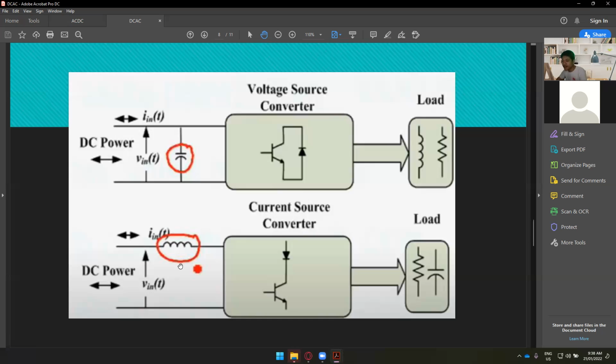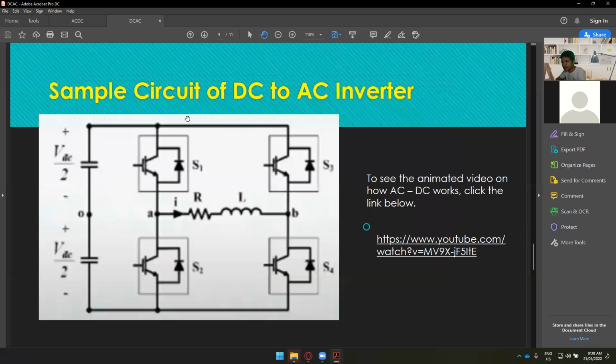Here's another sample circuit of a DC to AC inverter. We have four silicon diodes, and we have the resistance or the RL couple. We have the inputs here, and there's one capacitor, if I'm not mistaken, VDC divided by 2.